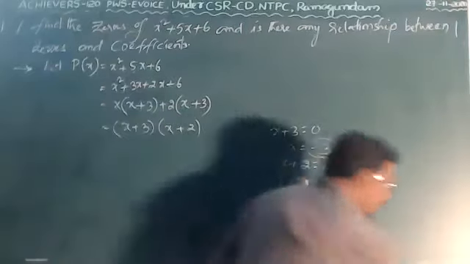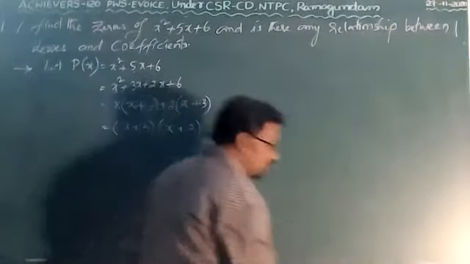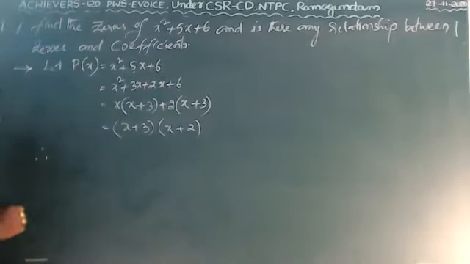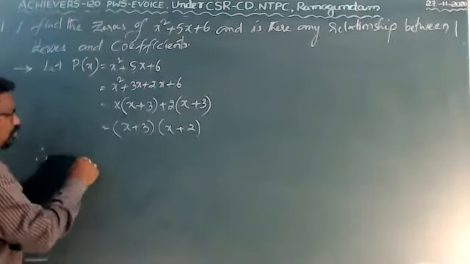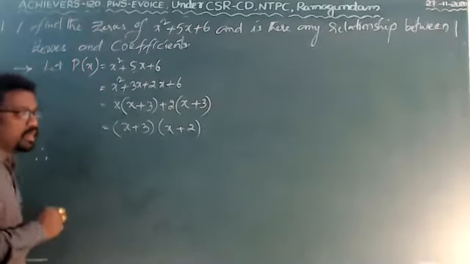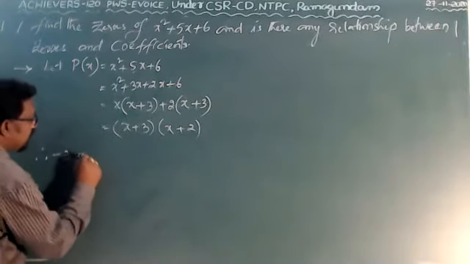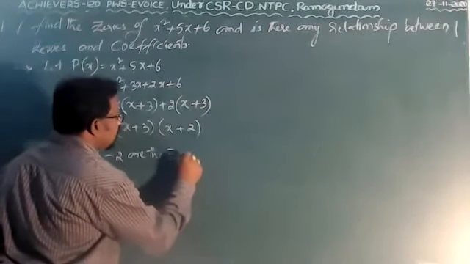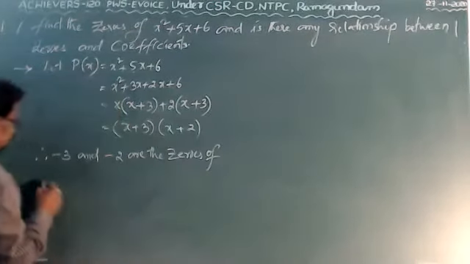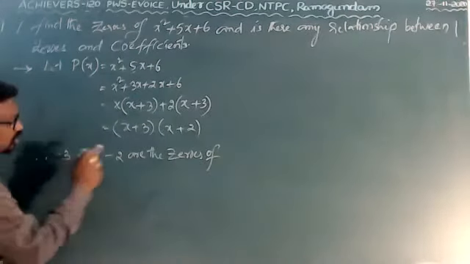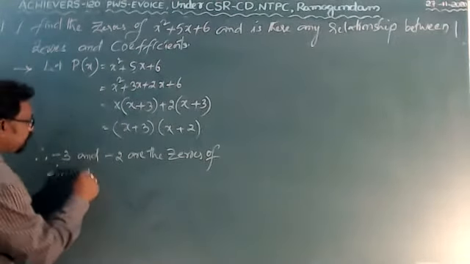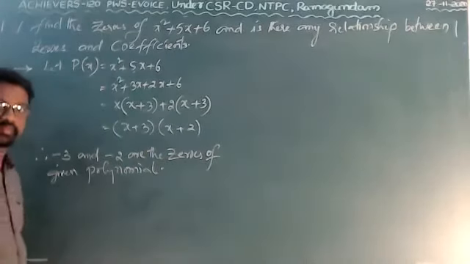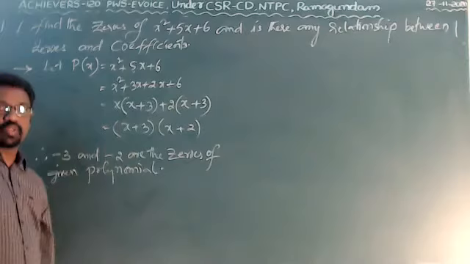That is what is being asked. Therefore, you can mention directly, without writing everything: minus 3 and minus 2 are the zeros of P of x, the zeros of the given polynomial.